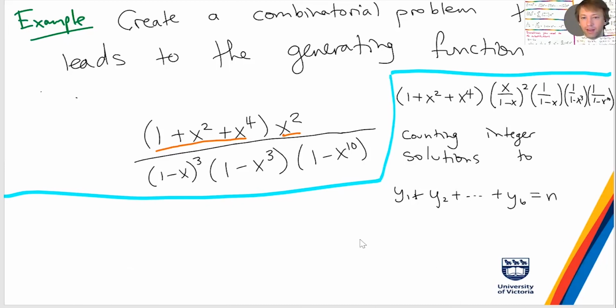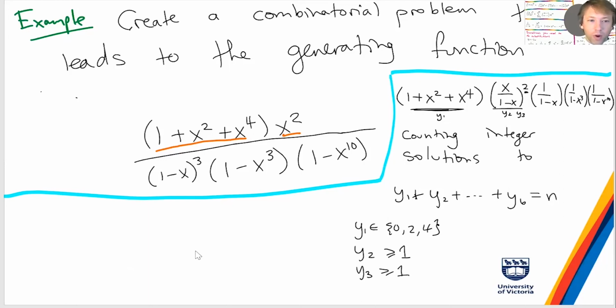equals n. The first one, y1, is either 0, 2, or 4. Y2 is at least 1. So the 1 comes from the fact that x over 1 minus x.